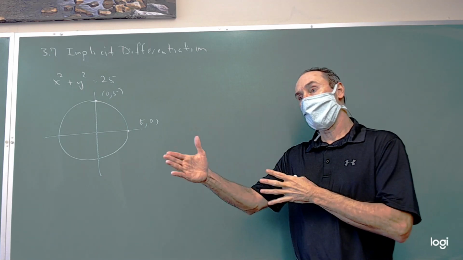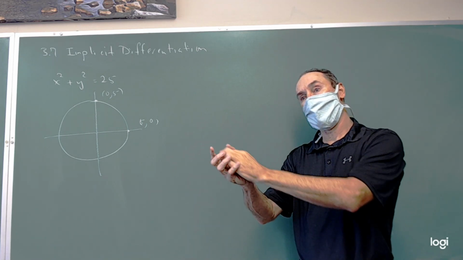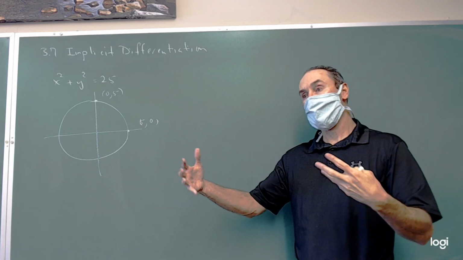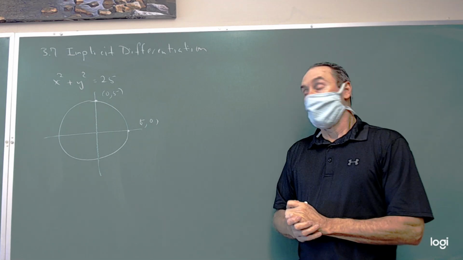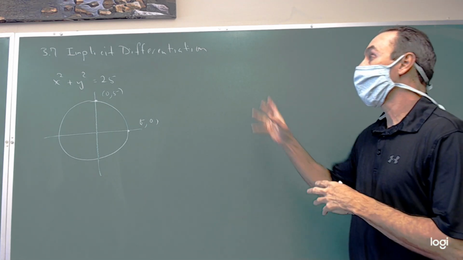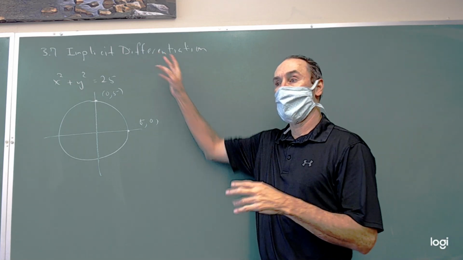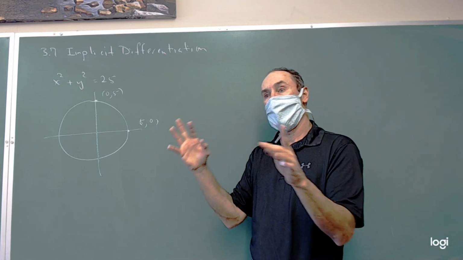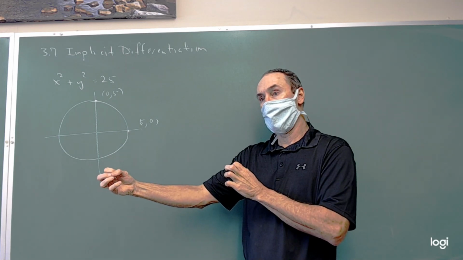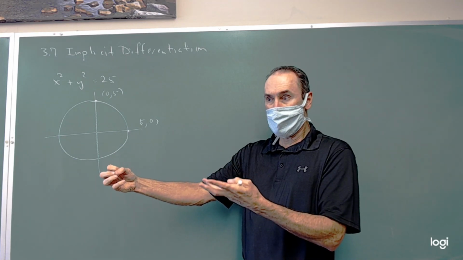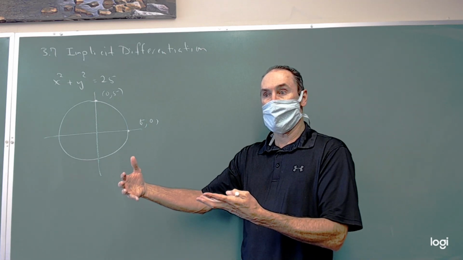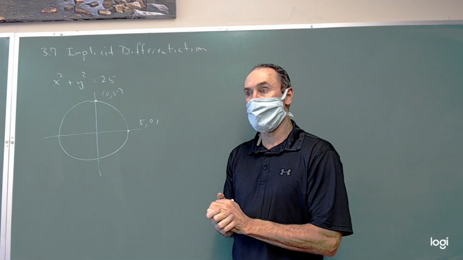When you separate the y out and you get y equals blah, blah, blah, and everything has x in it, that's an explicit function. So we're going to figure out a way that when the x's and y's are hopelessly mixed together, that we can't separate them out, but we know that y is still a function of x, we can still find its derivative. Just kind of a crazy idea.